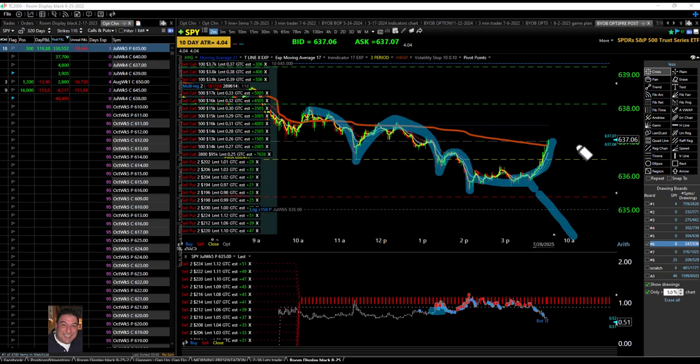As you can see, the rally back to VWAP right here shows some of that anticipation, with price probably going to rally on the rate cut news. So we'll see what happens.